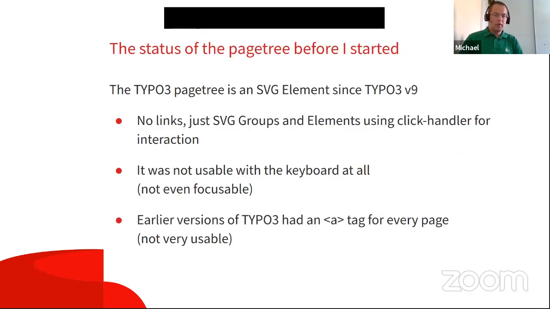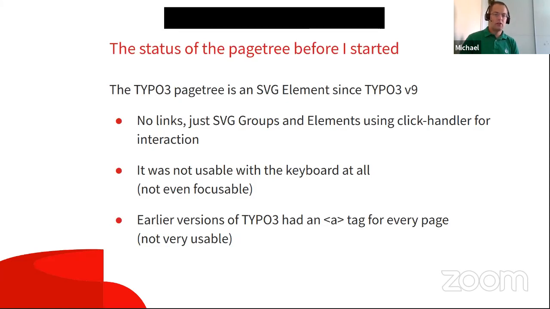So the topic of the talk is the TYPO3 page tree. I think everyone that used the TYPO3 backend knows this page tree. The page tree is an SVG element since TYPO3 version 9.